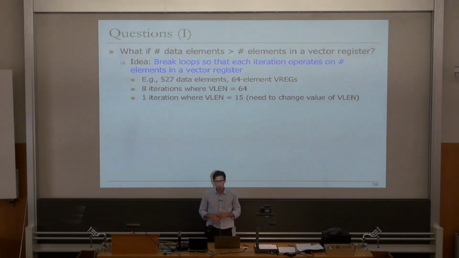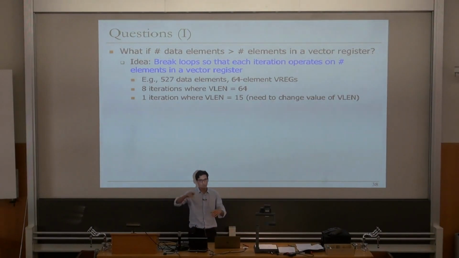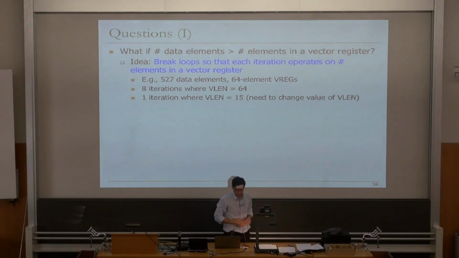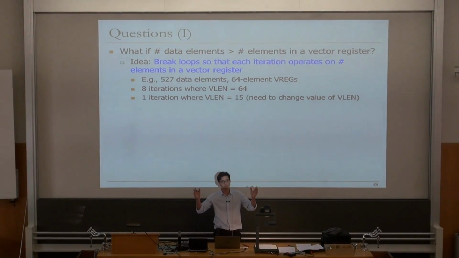So we will break all the iterations of this scalar, high-level code that we had into as many iterations as necessary, and in each iteration we will be operating on vector length elements. Here you have one example, because sometimes the total number of elements that we have to operate on won't be divisible by the vector length of the hardware.